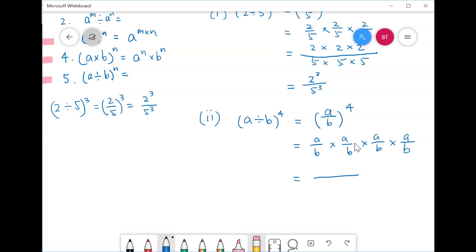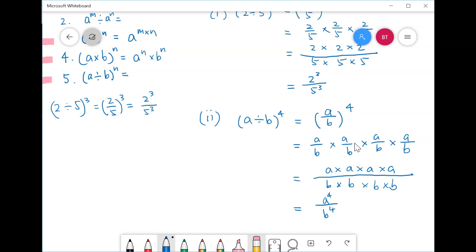The numerator all gets multiplied together, a times a times a times a, and the denominator has b times b times b times b. So I summarize this into a to the power of 4 over b to the power of 4. Again, the power 4 outside seems to get distributed into each of a and b.